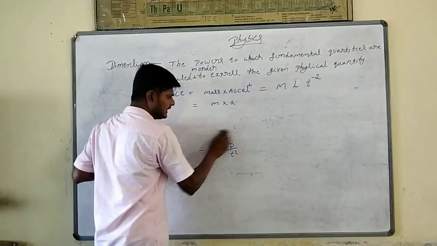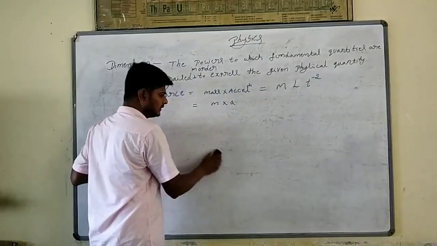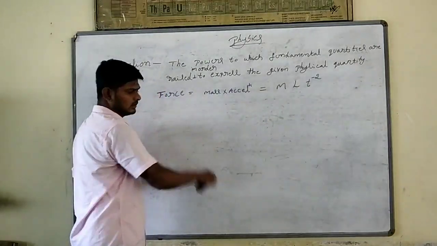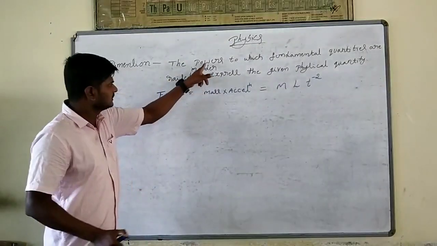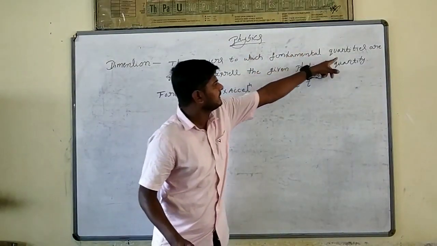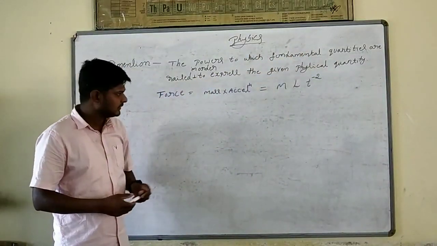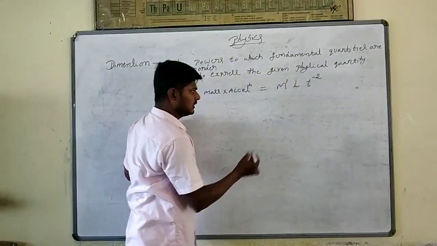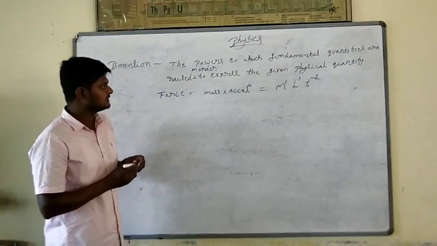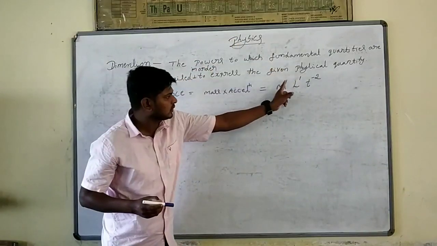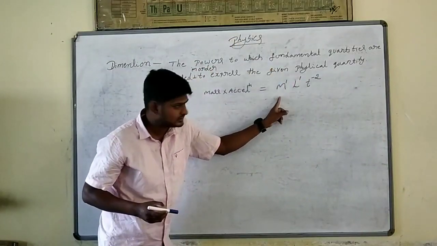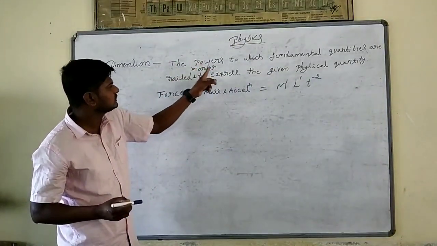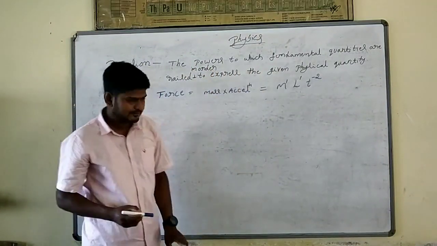Now see here, the powers to which the fundamental quantities are raised. Mass, here only one term is there. Length is also one term. Means the powers to which fundamental physical quantities are raised in order to express the given physical quantity.